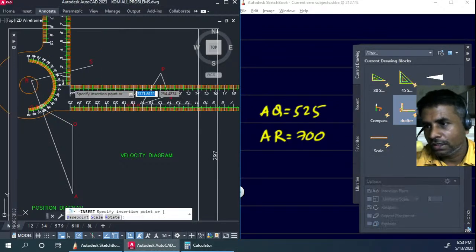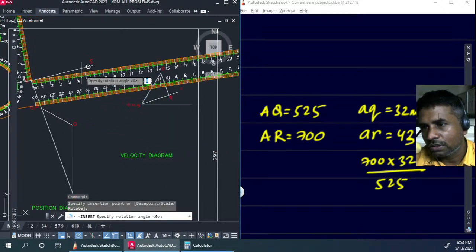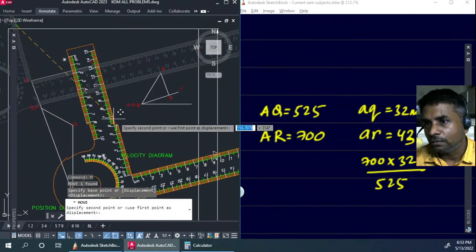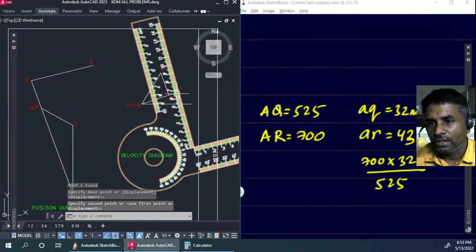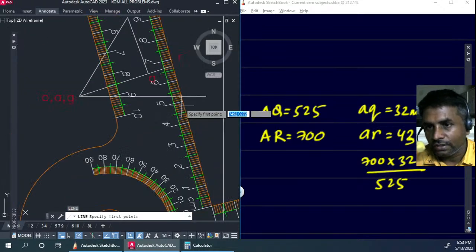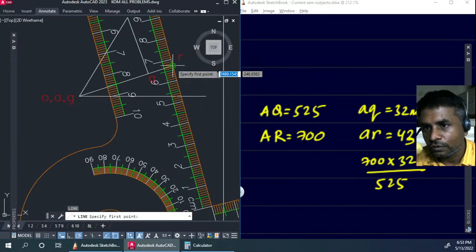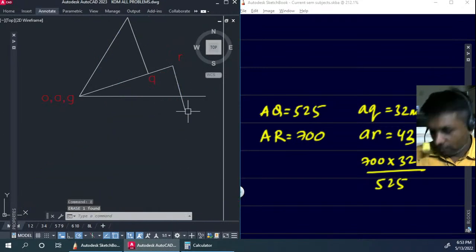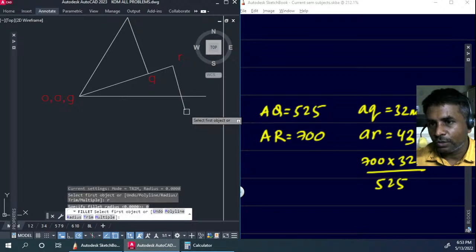So let's go ahead, take our drafter, keep it parallel to this, and we'll just have to move it over here. So this is the line we will need. Let's go ahead and put that line over here. So that's the intersection point we need.